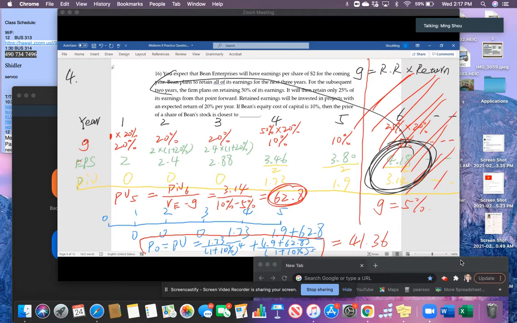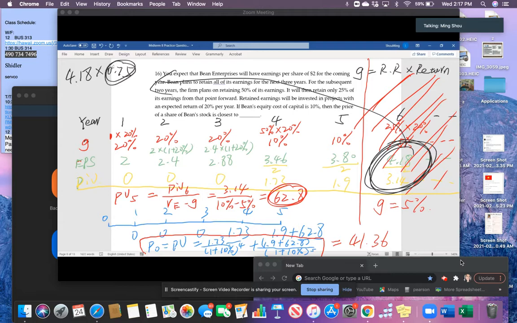It's 4.18 multiplied by, actually, 0.75, because this company only retains 25% of its earnings for reinvestment and pays 75% of this amount as dividend.